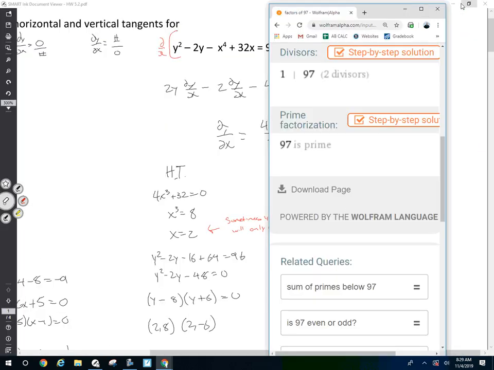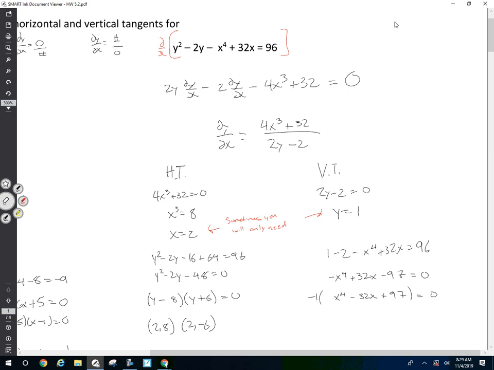Yeah, 97 is prime. So, I can't solve this, so I can't find the x-coordinates without a calculator. Don't worry about it.